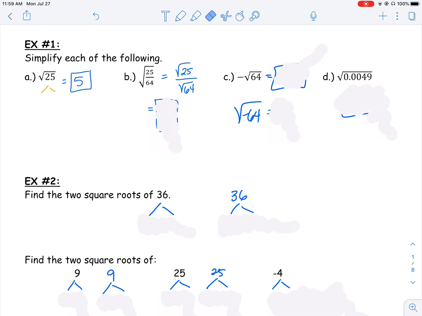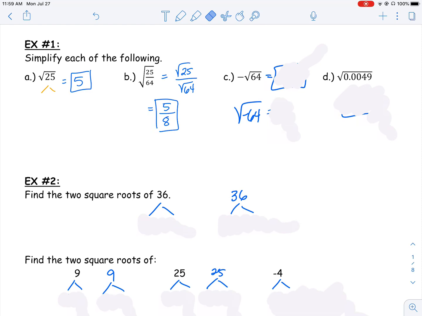So now, what's the square root of 25? What times what gives me 25? Well, 5, remember? And what's the square root of 64? What number multiplied by itself gives you 64? Hopefully you said 8. So the square root of 25 over 64 simplifies to 5 over 8. You notice that there is no more square root sign, right?